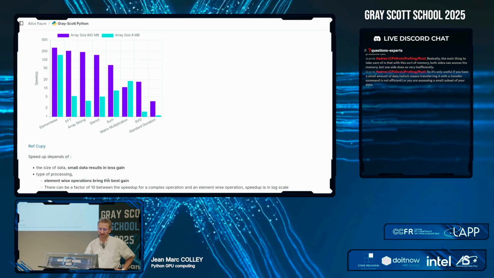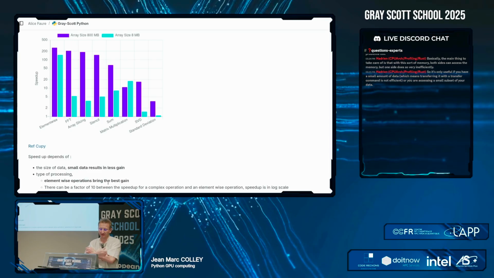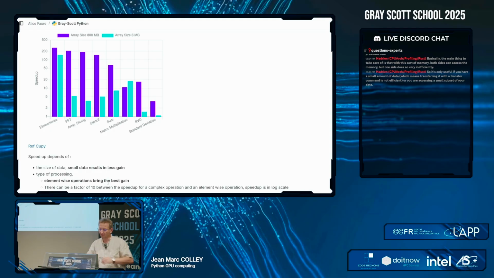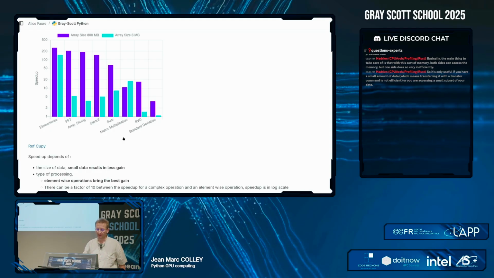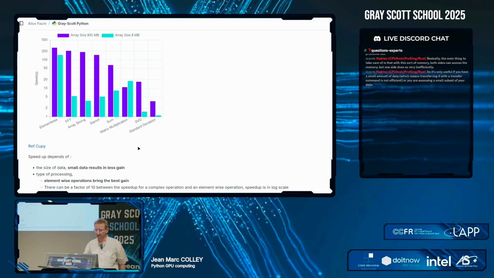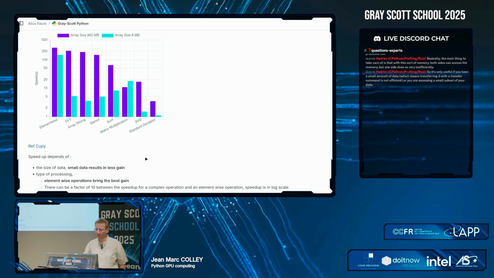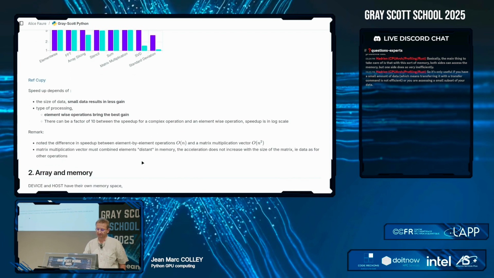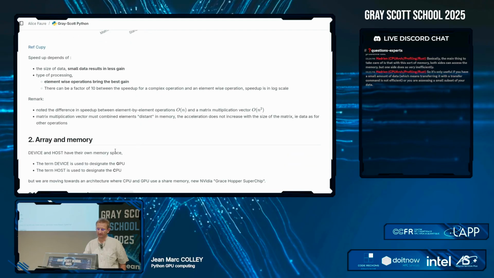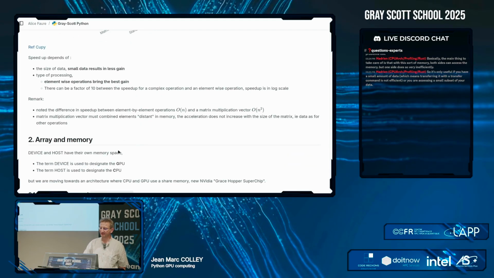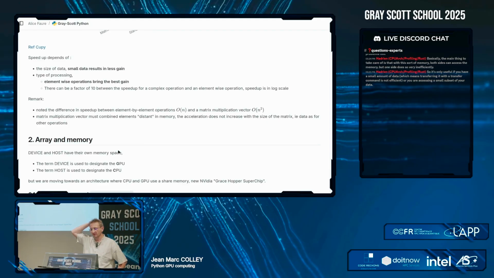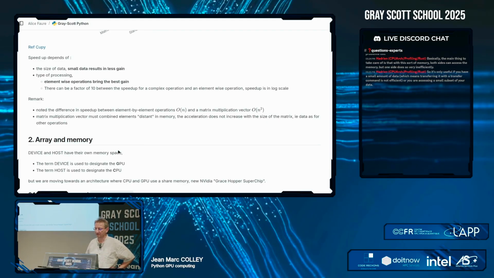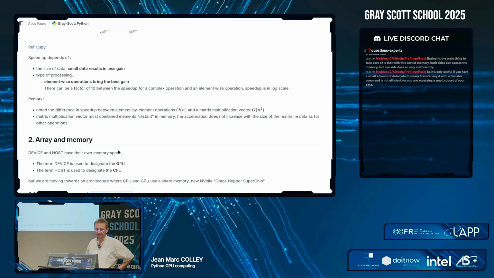You can see there can be a factor of 10 between the speedup of complex operations, like matrix multiplication, and element-wise operations. In fact, a matrix multiplication must combine elements distant in memory, and the acceleration does not increase with the size of the matrix.